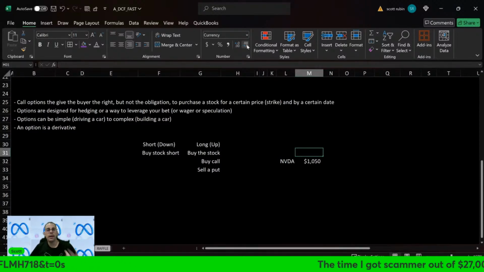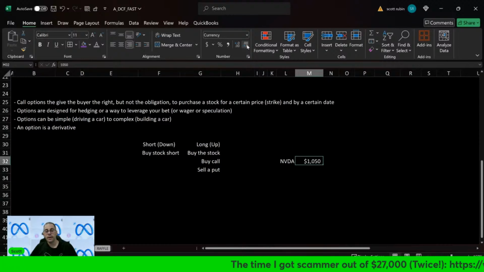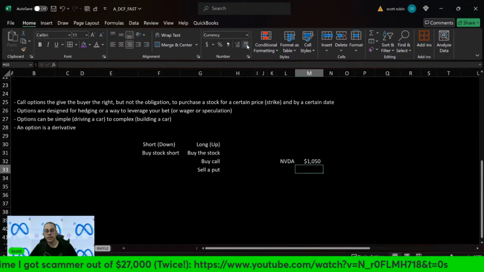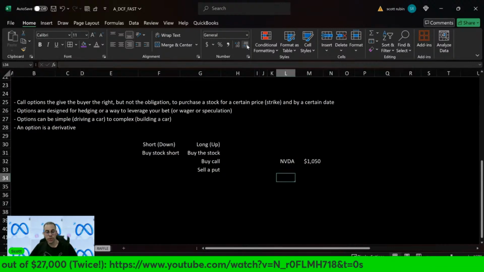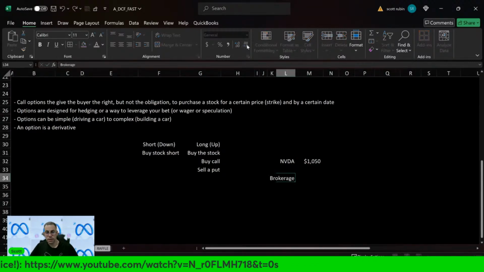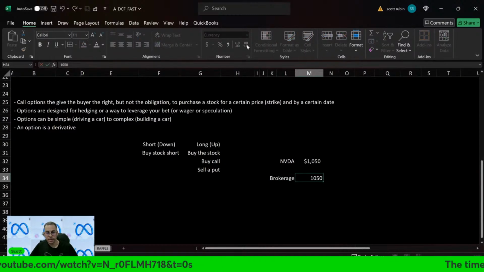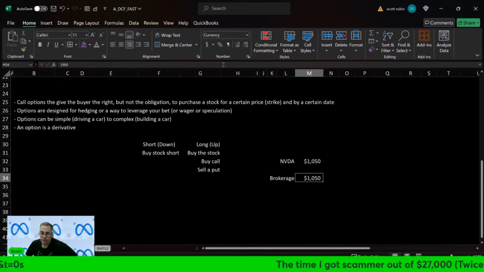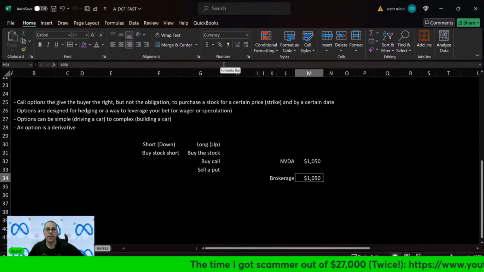But if you buy a share of NVIDIA short, that means like it's 1,050 today. So in your brokerage account, you would see 1,050. You get that money right away.